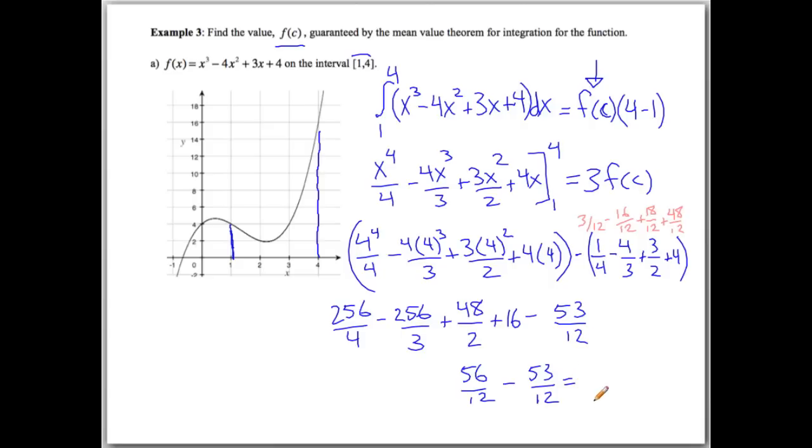I'm going to bring down the equals 3 f of c just so we have that as a reminder. And this gives me 57 over 4 equals 3 f of c. And let me just rewrite that over here since I ran out of room.